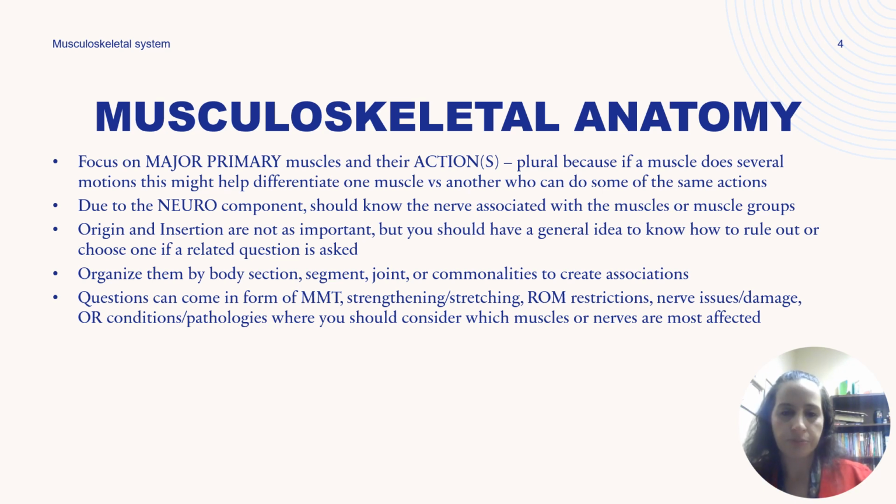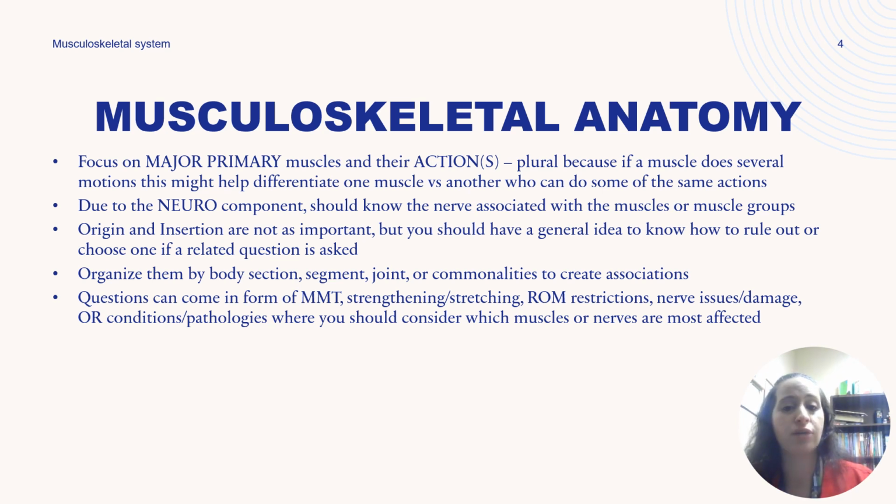Okay, the other thing that is very important is the nerves. I know in the beginning we started more with muscles, origins, and insertions, and then we kind of added the nerves, especially as you got closer to neural. But really, in real life, nerves and muscle actions are very important. So you should know nerves associated with the muscles or the muscle groups.